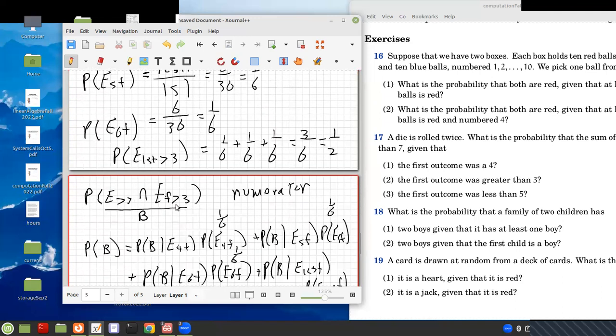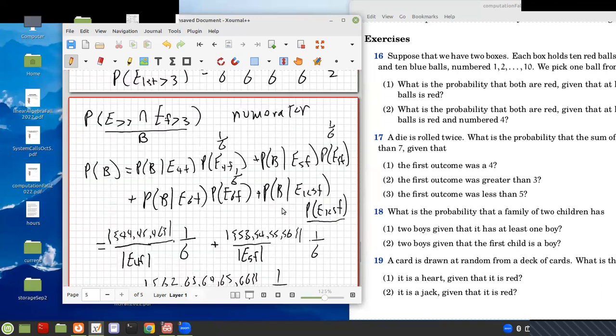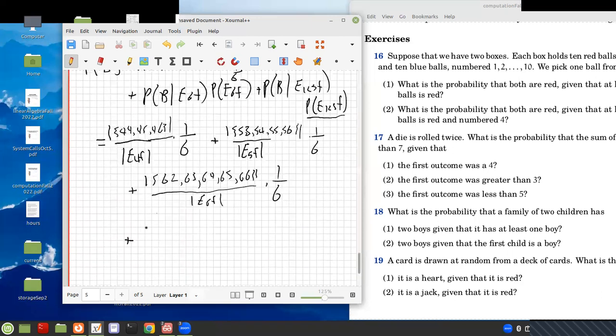B is this one here where the first one is greater than 3. So this one's still 0, because if you know that the first one is 1, 2, 3, then the first one can't also be greater than 3.